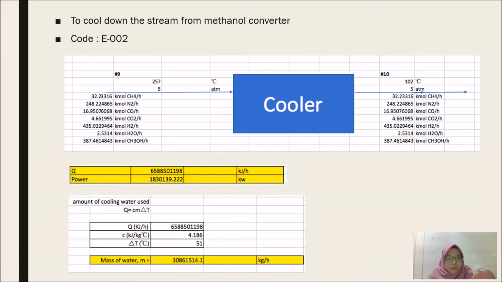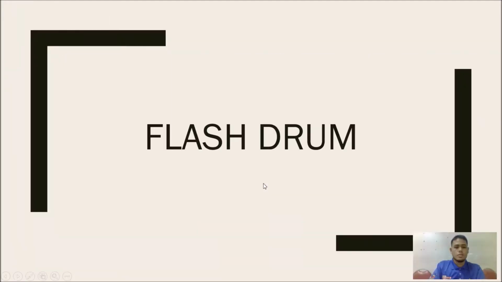The power from the cooler that we get is 1830.139, the amount of cooling water that we use is 308,61514 for the mass, and the heat that we get is 6588501198.